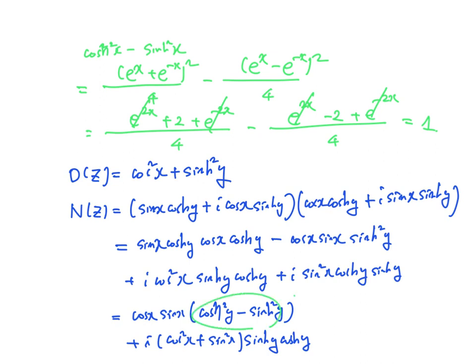So this is 1, this is 1. So it becomes cosine x sine x plus I cosine hyperbolic y sine hyperbolic y. Let me check if my answer is same. Yes.